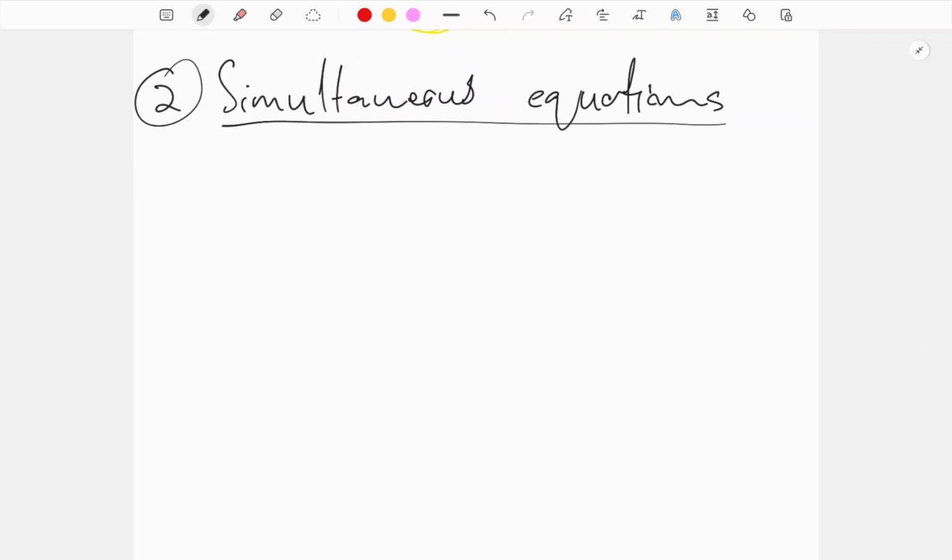Simultaneous equations are very, very easy. These are just easy marks in your exam and in your test, because you'll be given two equations that both have two variables, x and y.